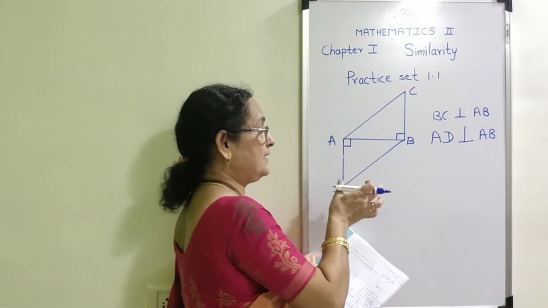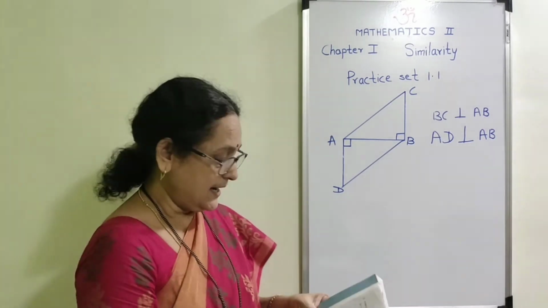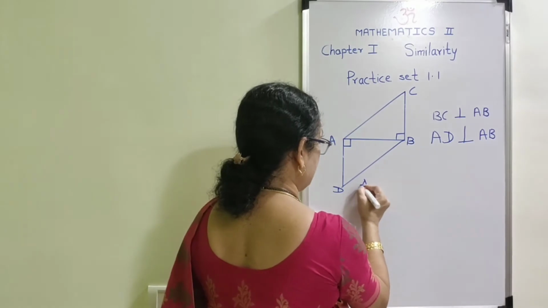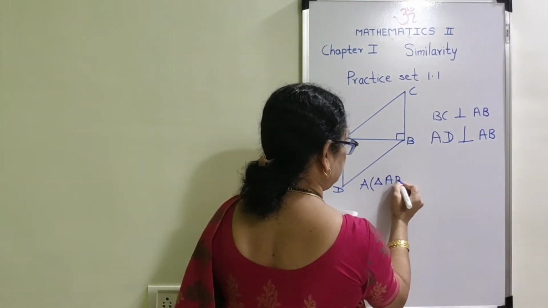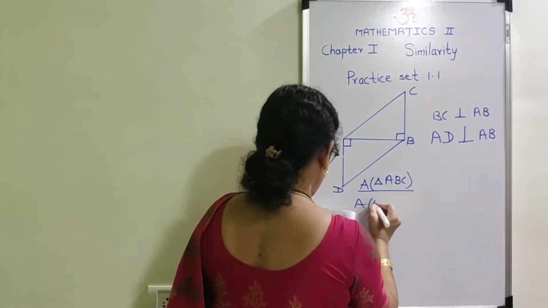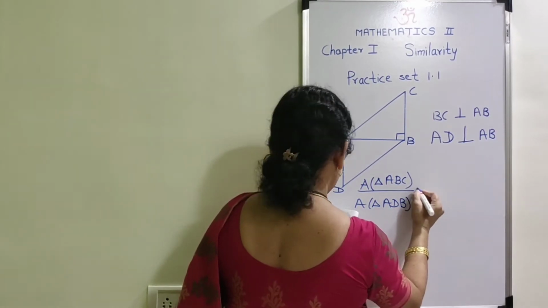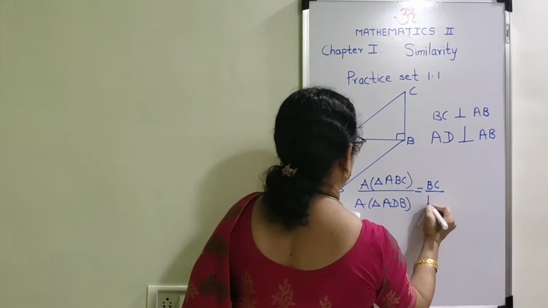If we consider AB as height, it is also equal height, and therefore to write the asked question, I can write it as area of triangle ABC is to area of triangle ADB is equal to BC upon AD.